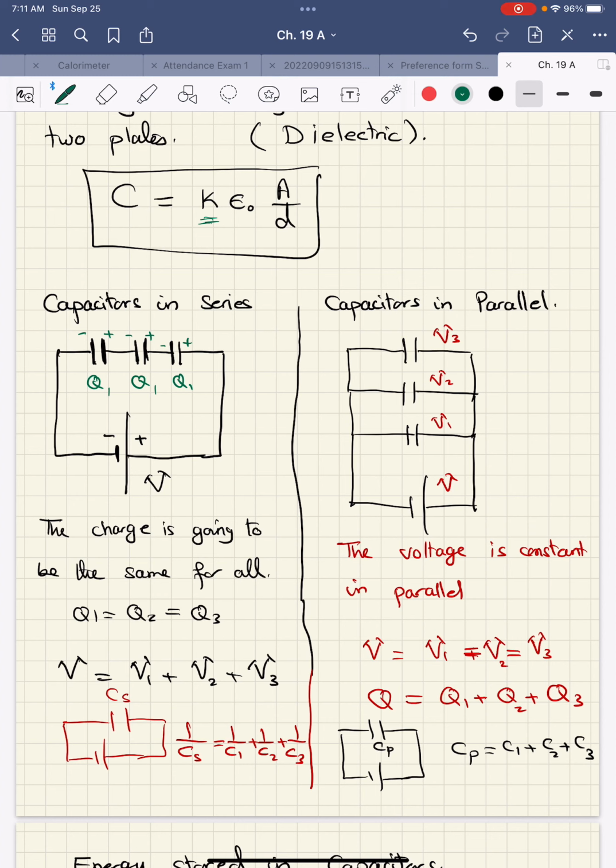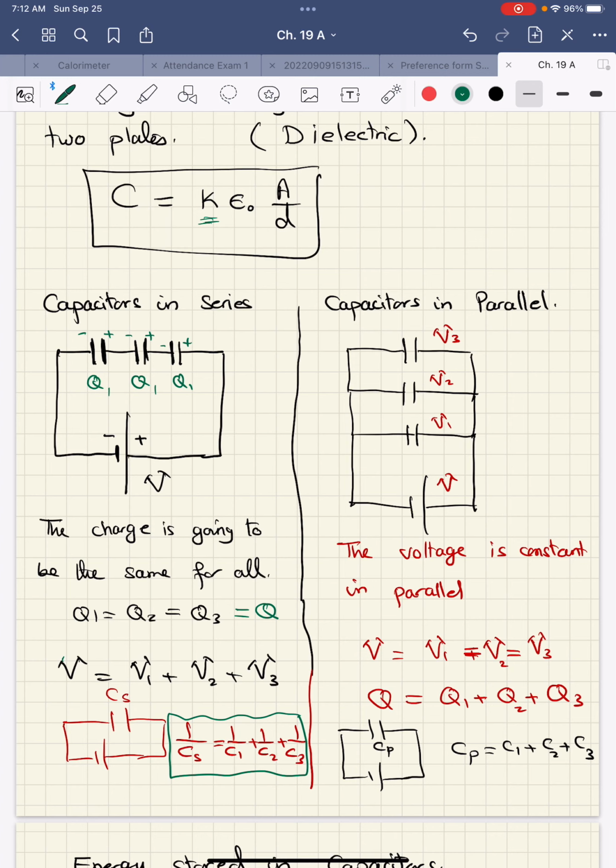All of them are going to have the same Q. But the total voltage is going to be the voltage on the first capacitor plus the voltage on the second plus the voltage on the third. And this is how we are going to calculate what is called the equivalent capacitance. Equivalent capacitance means I will replace all these three by one capacitor. I'm going to call it C series, CS.